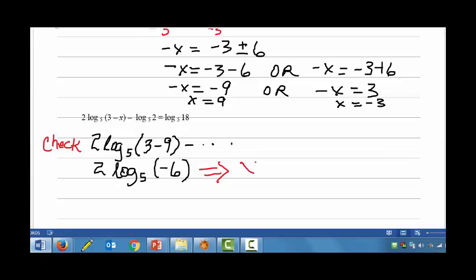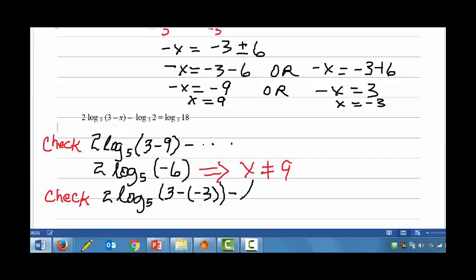So basically, that tells me x does not equal 9. I was letting x equal 9 here. I got an undefined expression. I stop as soon as that happens, and I know that x can't equal the value I was checking. All right, let's put in negative 3. 2 times the base 5 log of 3 minus negative 3 minus the base 5 log of 2 needs to equal the base 5 log of 18.